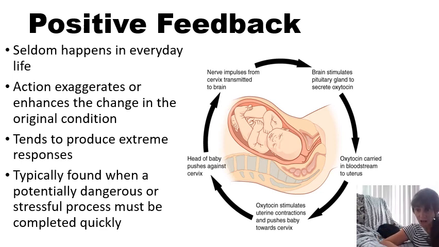So instead of working in the opposite direction, there's an adding on to the original effect of contractions until a desired result, which would be the delivery of the baby. Blood clotting is a very good example also of positive feedback.